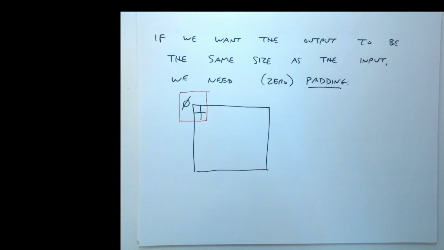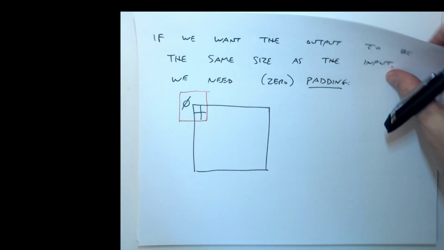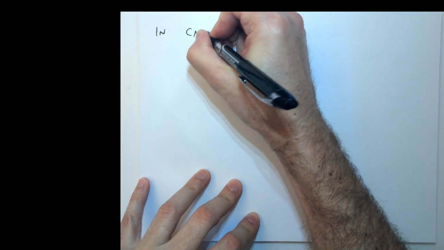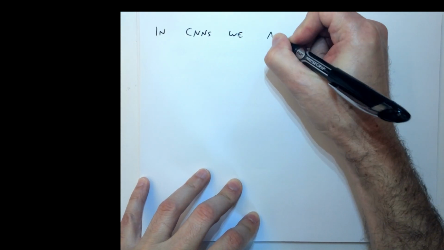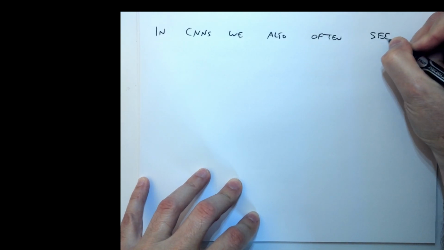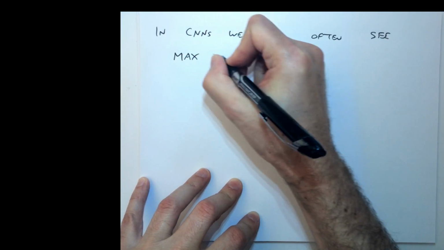Zero padding is also something that if you've done any sort of image processing before, you've probably thought about in terms of applying a Fourier transform or a digital filter to something. And then finally, the other thing you're going to see a lot in convolutional neural networks is what's called pooling. In CNNs, we also often see what's called max pooling.